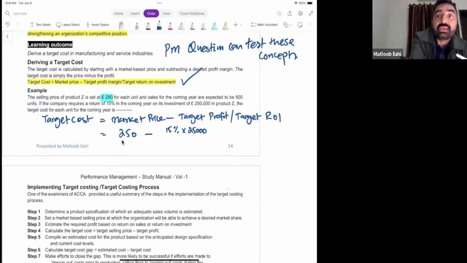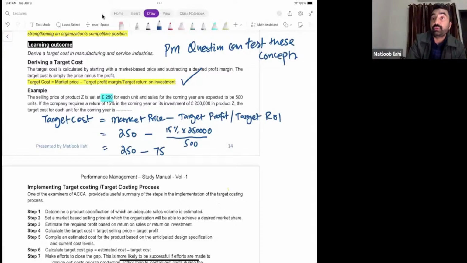And if you are making 500 units, then you divide it by 500. So how much is it? 250 minus, you need to calculate this, 15% of 250,000. This is 37,500 divided by 500. So that is 75. Okay. Have you done this calculation, 75?